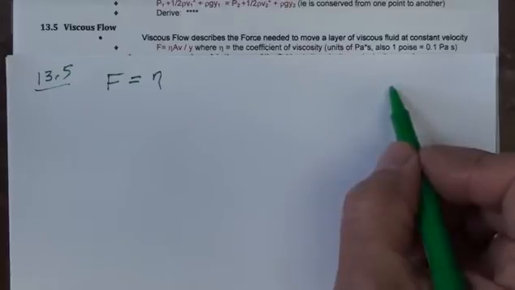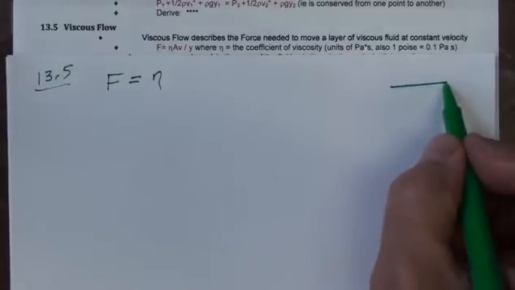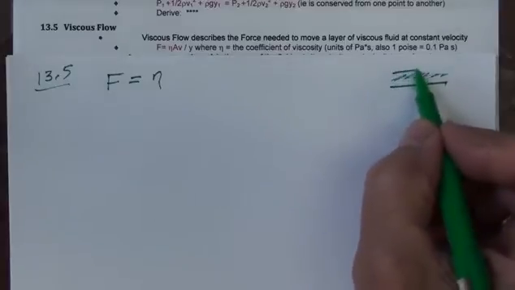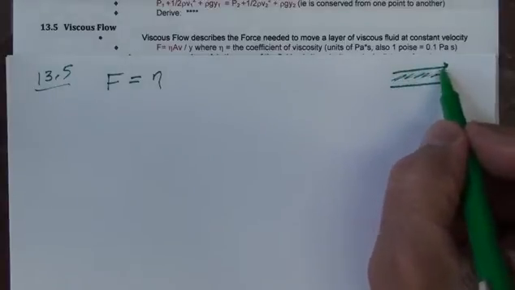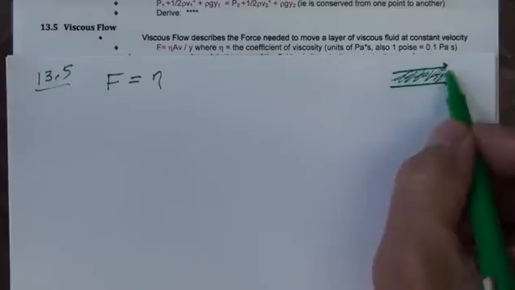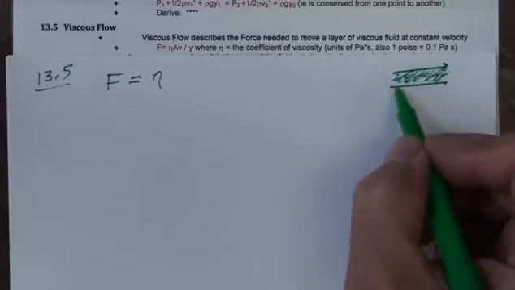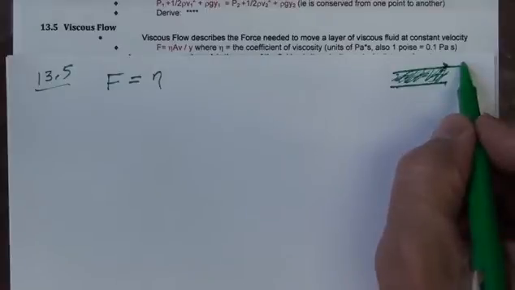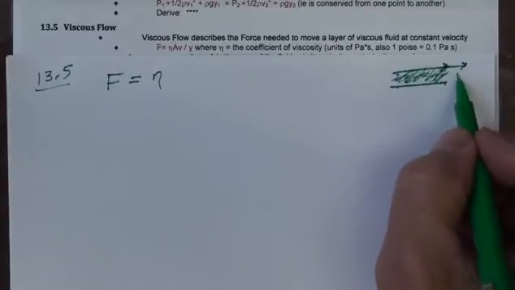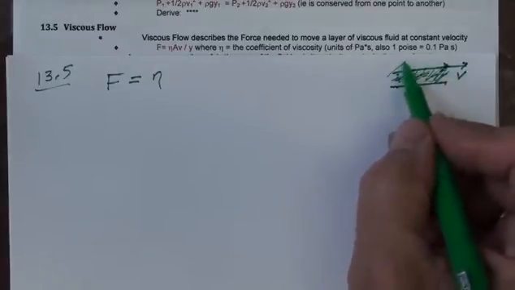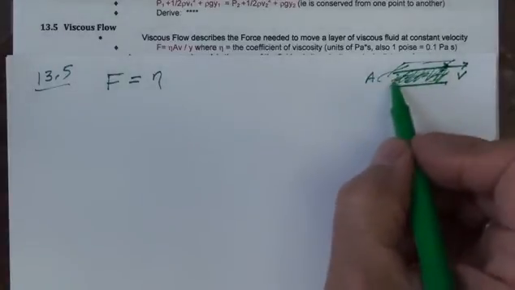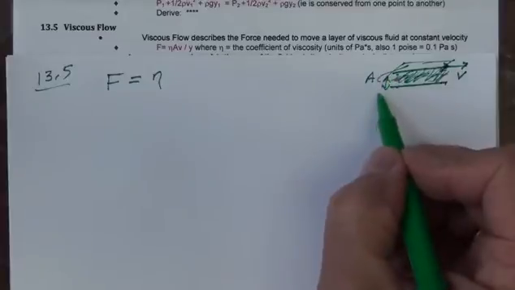We want to imagine that we have an immovable plate here, and we have a fluid here, and another plate here, and we're going to take this plate. This might be water in here. These might be two steel plates, and we're going to take this plate and move it in this direction with a velocity v. And this plate is going to have an area A, and these plates are going to have a distance apart, y.